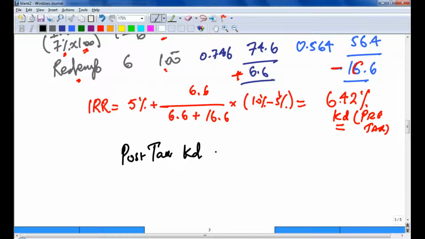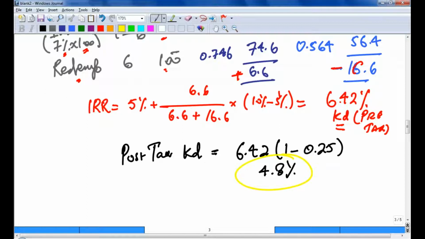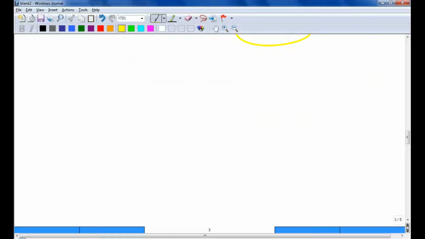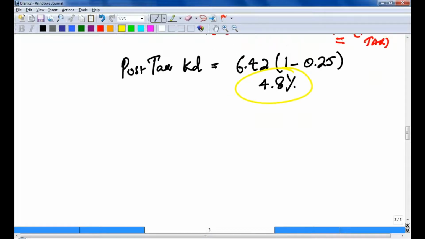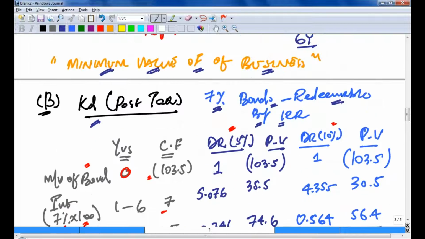Post-tax KD: 6.42 into 0.75, that is 4.8%. This is KD. That's the B part.